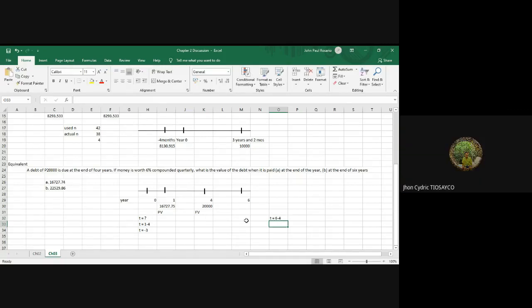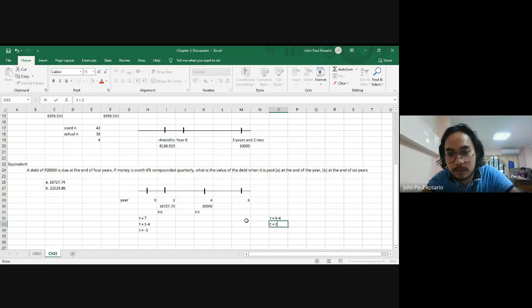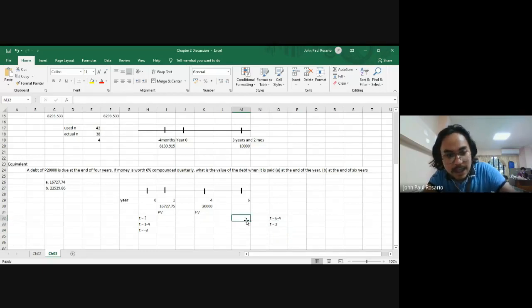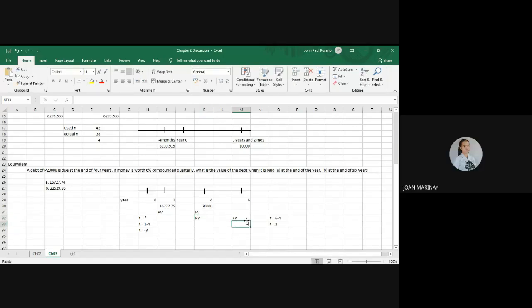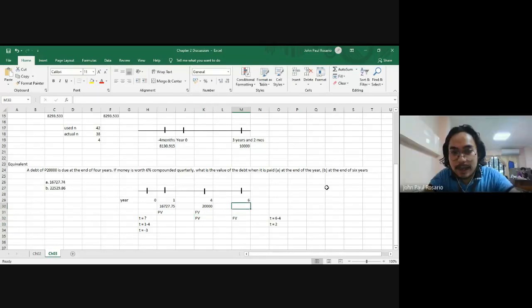So t is equal to 2. Since it is positive 2, we are solving for the future value. So in this problem, 6 is your future value while this one is your present value. Right? Yes, sir. So with that, we use the same formula: A is equal to P times 1 plus i to the power of n.